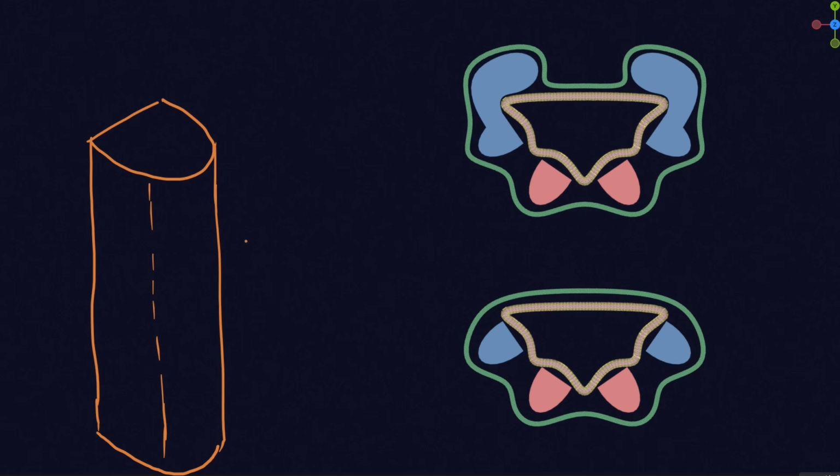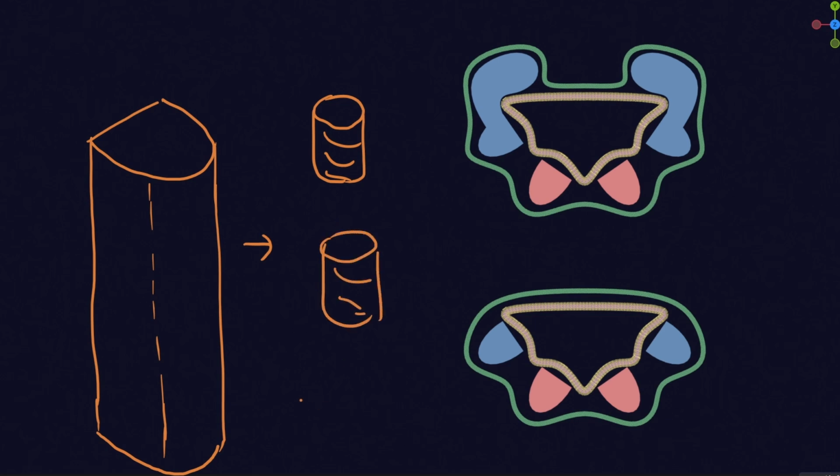So rather than being this continuous column, for example here it may form a small aggregate of neuronal cell bodies. Then here it may form another aggregate, and so on.